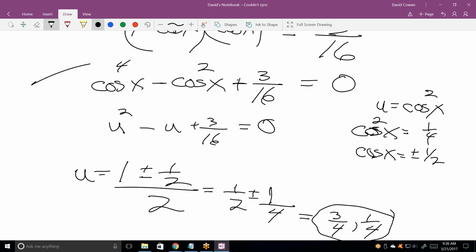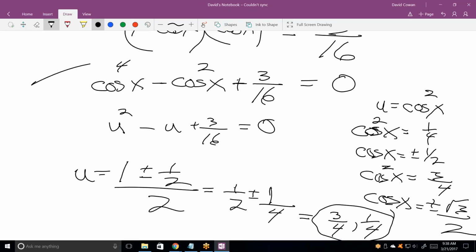And now I'll solve the other one where cosine squared of x equals 3/4, which means cosine x equals plus or minus root 3 over 2. And bingo, we have our 4 answers.